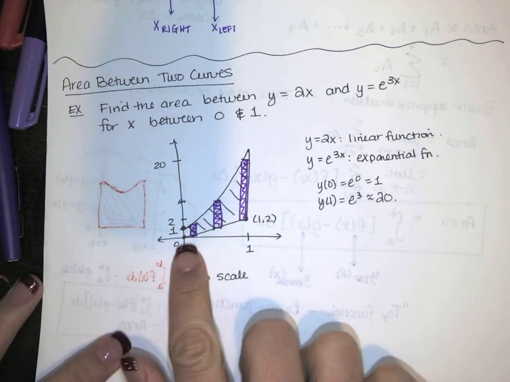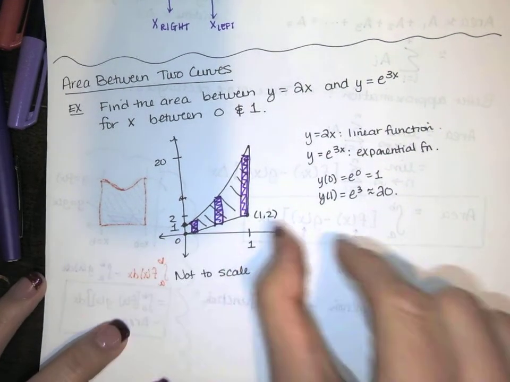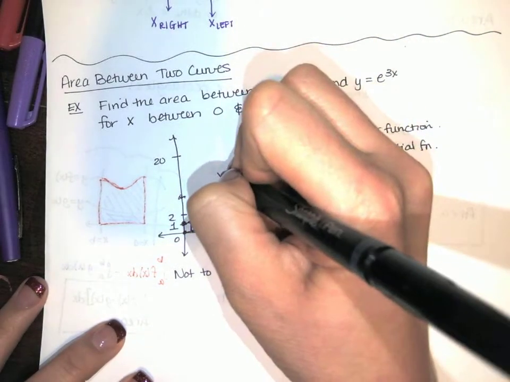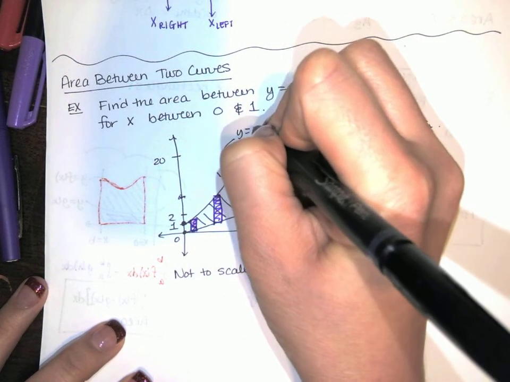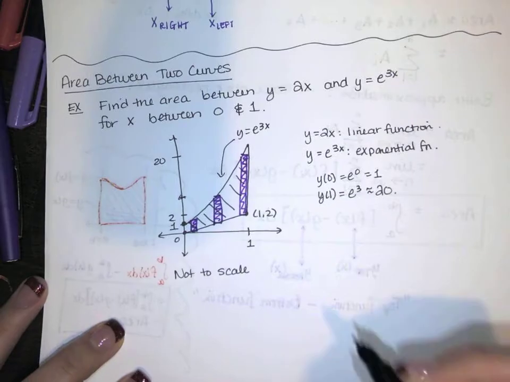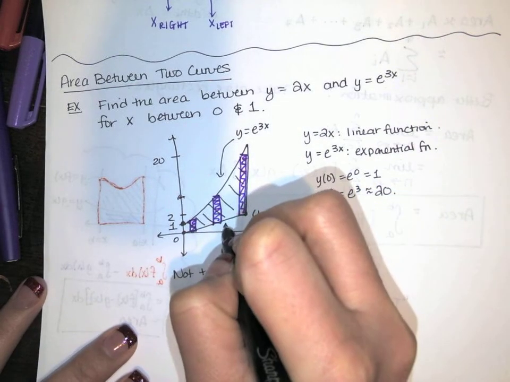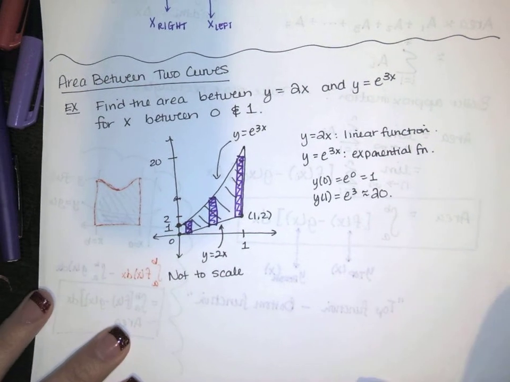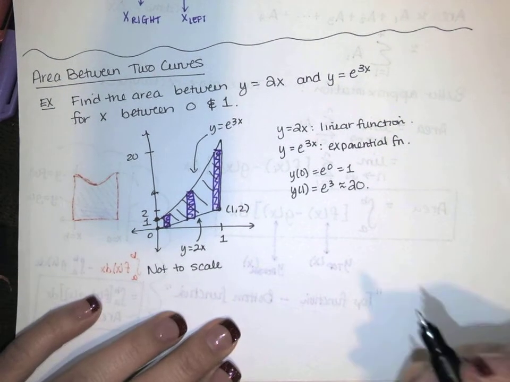Since that's true for every x value on this interval, for every little rectangle that I draw, it's pretty easy to see the top function is e to the 3x, and the bottom function is y equals 2x, and so we can just set up the integral representing the area between the two curves.